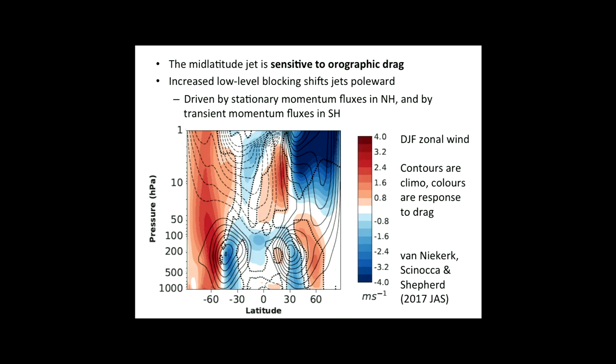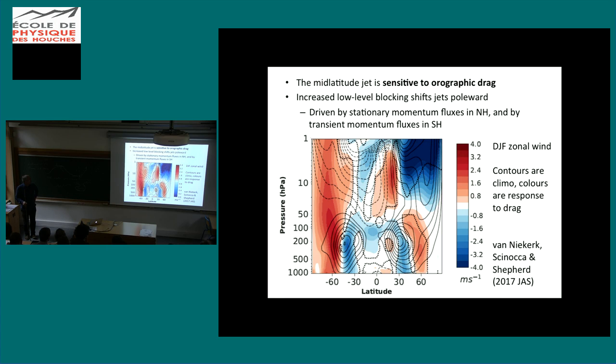The way that drag over topography is represented is not very systematic in models. So student Annelies van Niekerk, who's just graduated and is now at the Met Office, did this work with John Scinocca in Canada. Her thesis was on sensitivity to orographic drag, which, as I mentioned, the different modeling centers handle very differently.